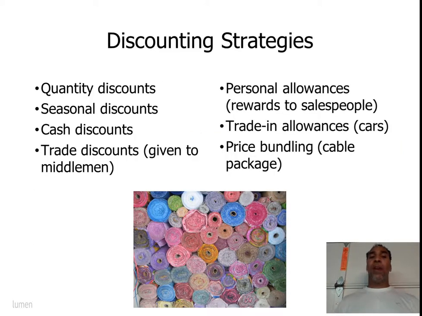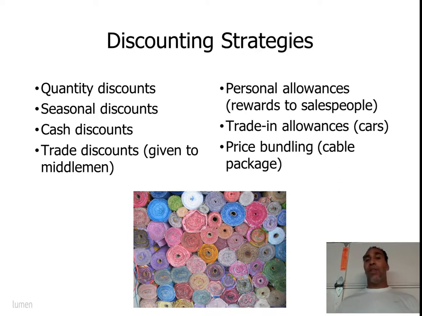Discounting strategies. So you have quantity discounts. If you buy 3, I'll give you a 10% discount. Seasonal discounts. Nobody's getting in the pool in winter, so we're going to sell pools for less than they would be sold in the summertime, because people really want to get in the pool and be cool. Cash discounts, trade discounts, personal allowances, like rewarding the salespeople.